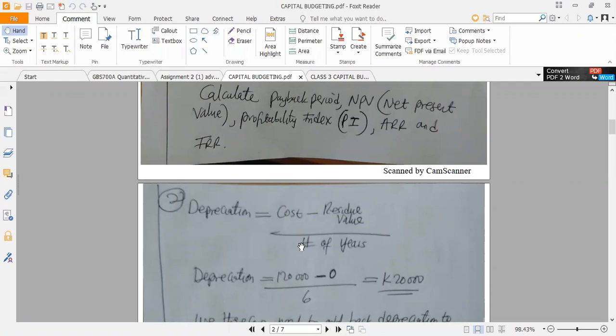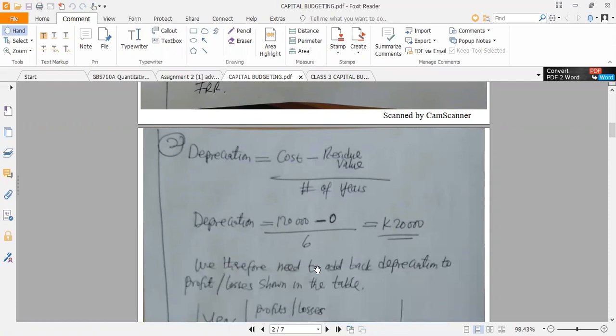So the cost of this asset is 120,000 minus the zero residual value at the end of the 6 years, then divide by 6, the number of years, and we get the depreciation of 20,000. This simply means that for each year, the equipment is losing 20,000 kwacha in value.